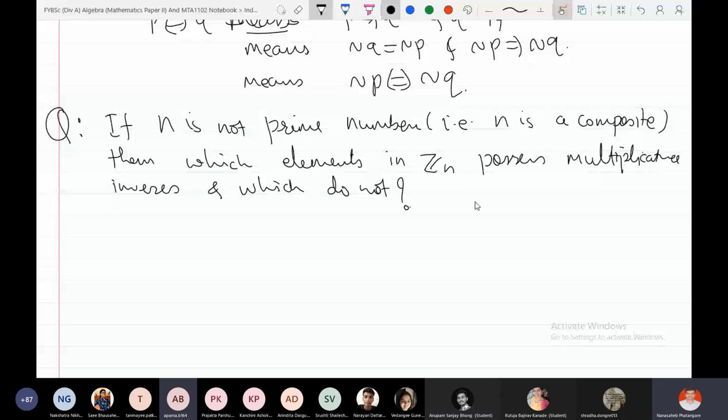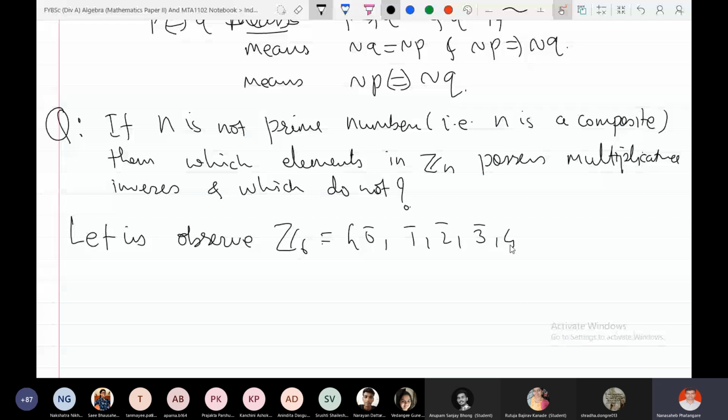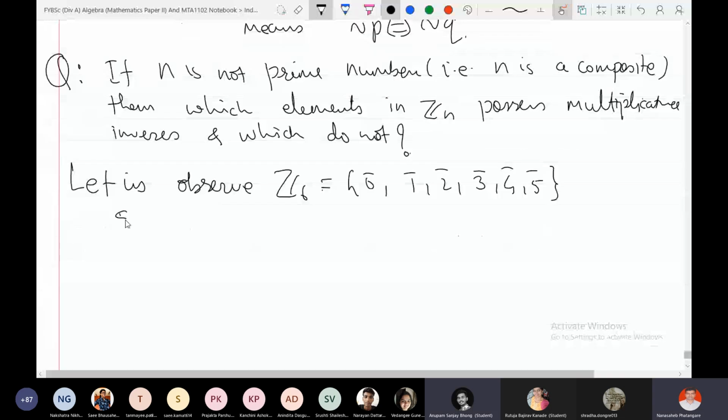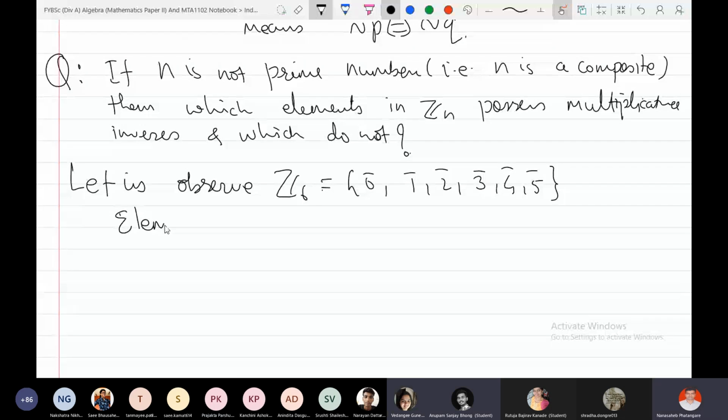Now let us observe Z6: 0 bar, 1 bar, 2 bar, 3 bar, 4 bar and 5 bar. Which elements have multiplicative inverses? 1 and 5.